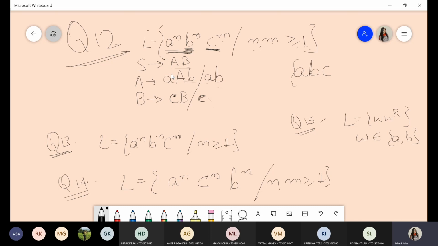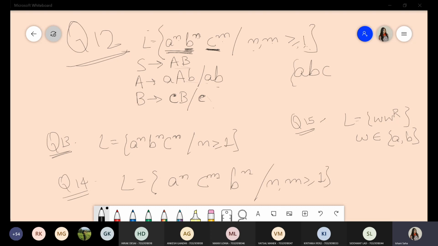It also includes epsilon in the language. Epsilon is a part of the language, and apart from that, it is a palindrome. So even single a, single b would be there. And the rest, you try to find it out. These 3 questions you just note down. Try to solve it yourself. We'll discuss it for sure.